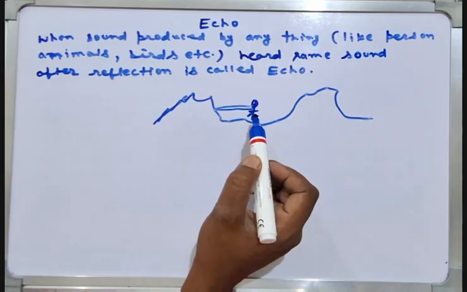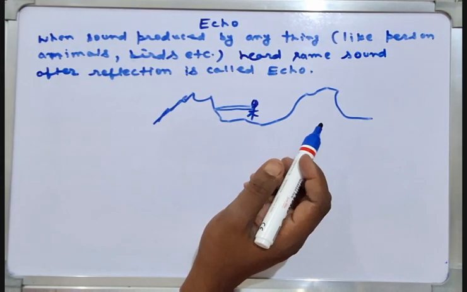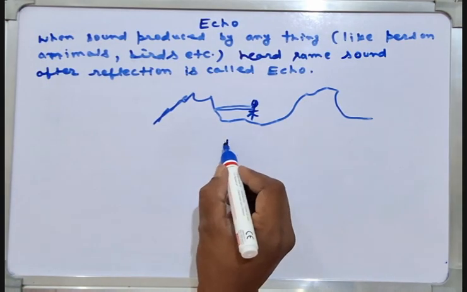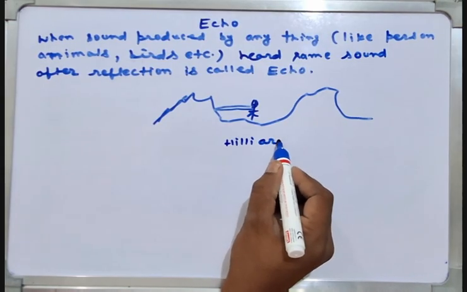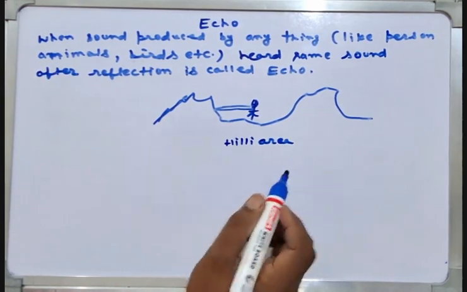Then this phenomenon is known as echo. So this is a hilly area.